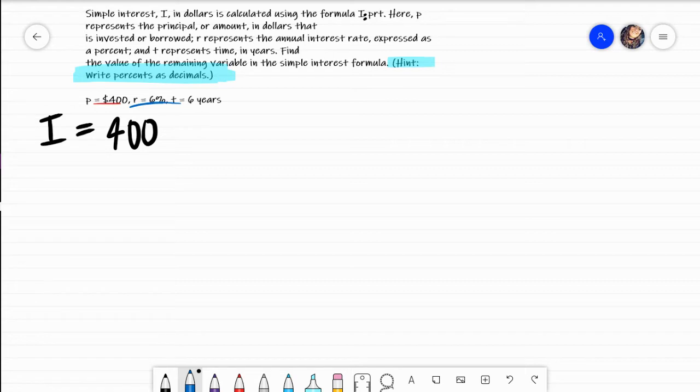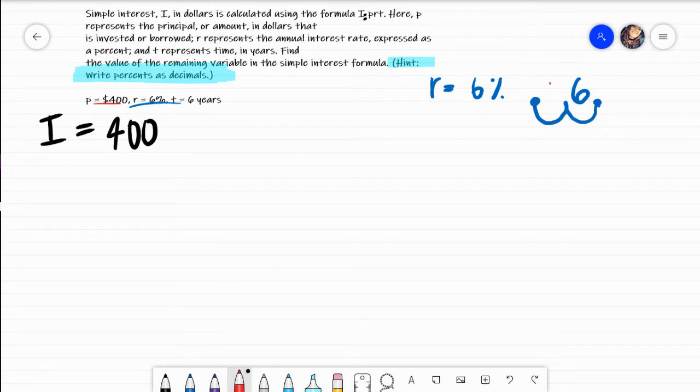The hint says to write the percent as a decimal. So if my R equals 6%, you just write the number 6. We're going to assume that our decimal is on the right-hand side of the 6. And to write a percent as a decimal, you scoot over 2 times.